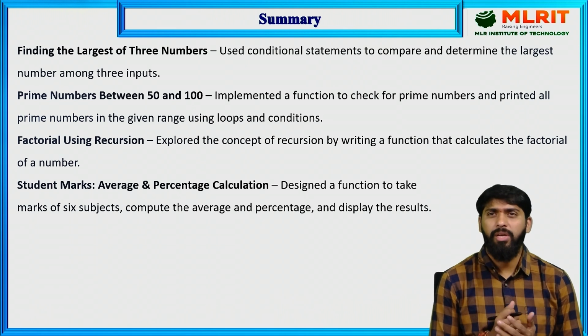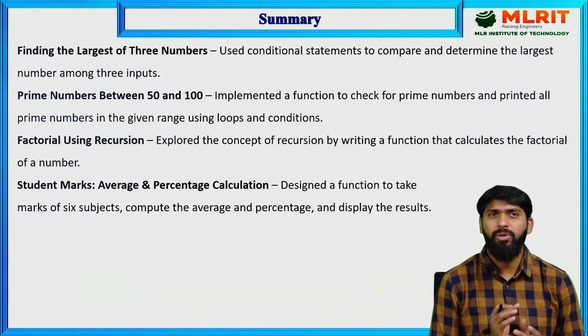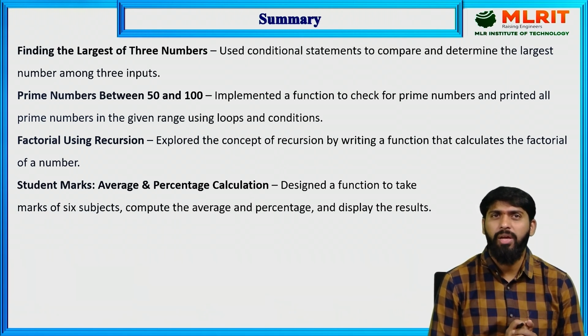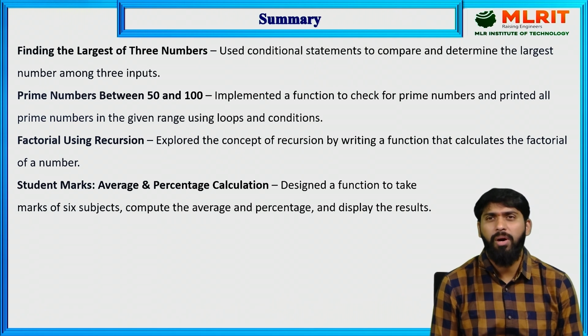And the second program is regarding prime numbers between 50 and 100, where we implemented a function to check for prime numbers and printed all prime numbers in the given range using loops and conditions. The third program, factorial using recursion, explored the concept of recursion by writing a function that calculates the factorial of a number. Fourth program is regarding student marks, finding the average and percentage.